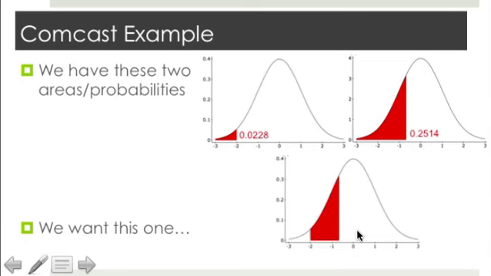We have these two probabilities. Right over here, when the z-score is negative 2, the area to the left is 0.0228, and when the z-score is negative 0.67, then our probability is 0.2514. But what we really want is the area between those two z-scores, not either one of these two by themselves.